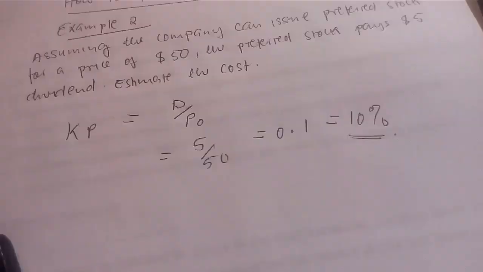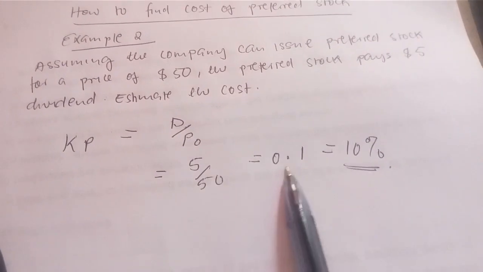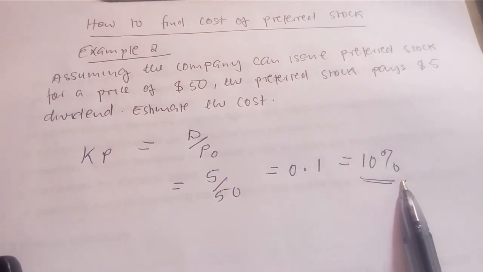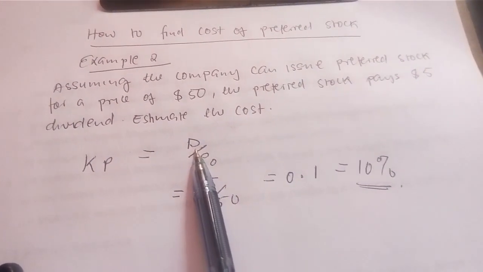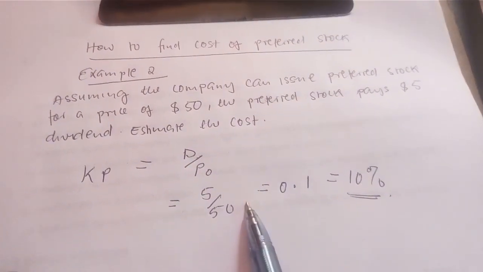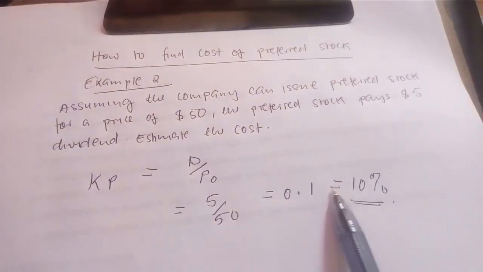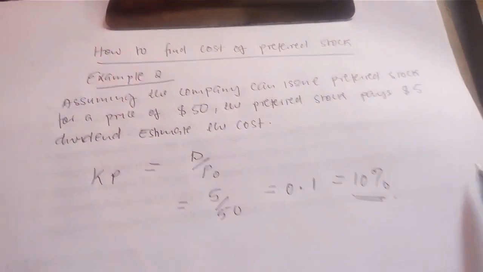So you will realize that taxation is not applicable on preferred stock. Reason being, the dividends are paid after the adjustment of taxation in the income statement. Hence, the dividends come already with an adjustment of taxation.